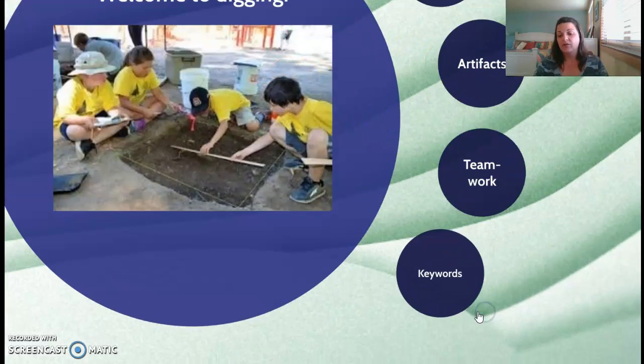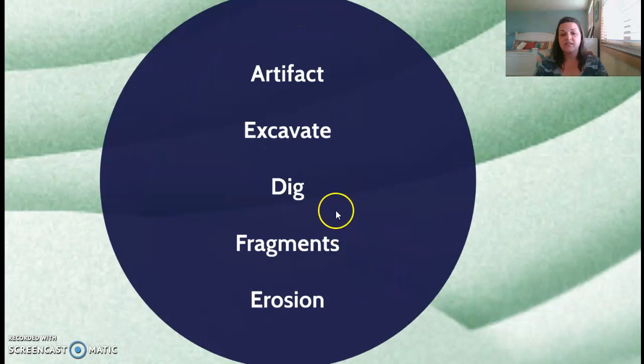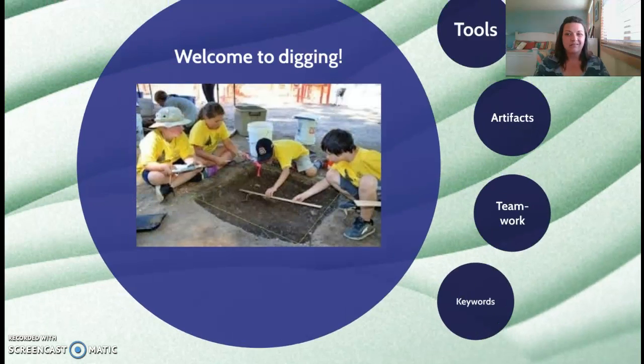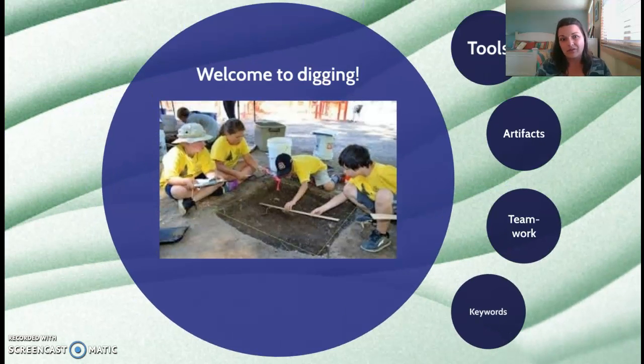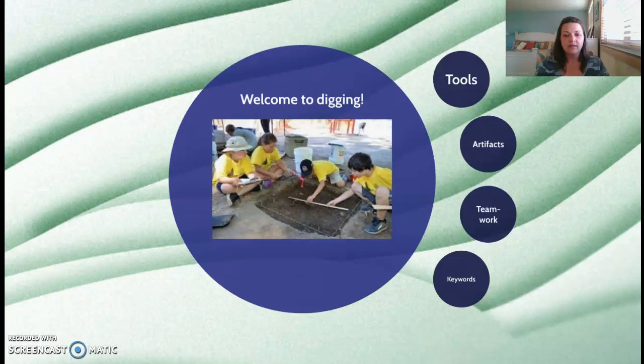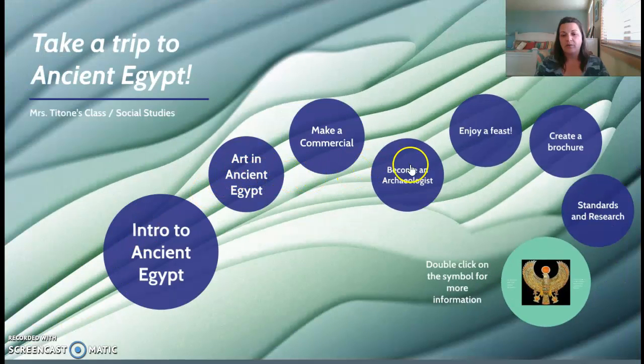So we would be learning about what an archaeologist is, and that they dig up artifacts. They're excavating. There are sometimes fragments of artifacts, and they have to put them all together in pieces. And then we will talk about the role that erosion has in getting rid of some of the artifacts. So let's see, we did art, we did archaeology.